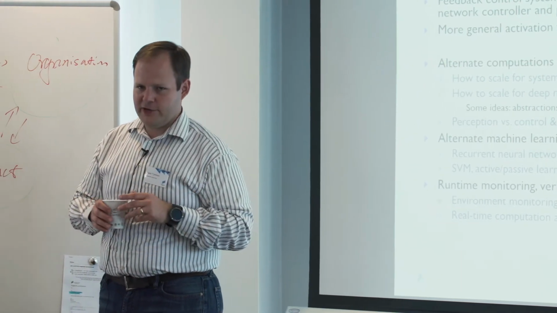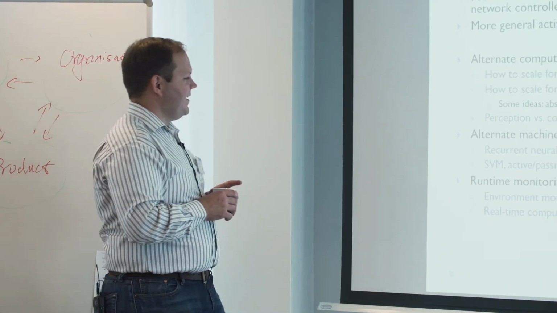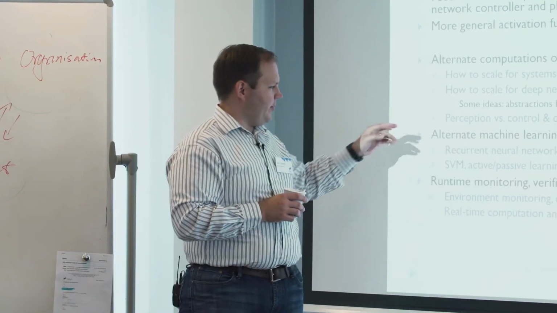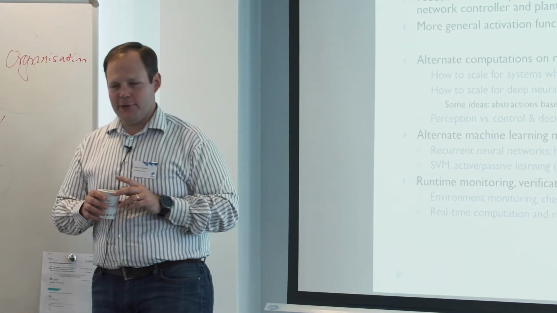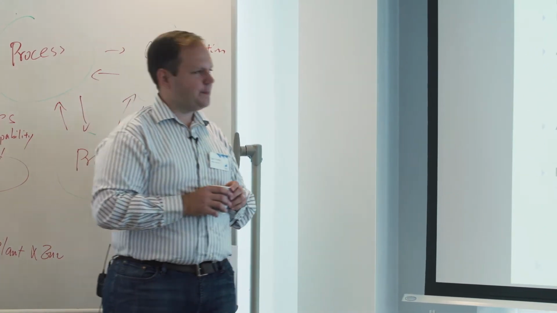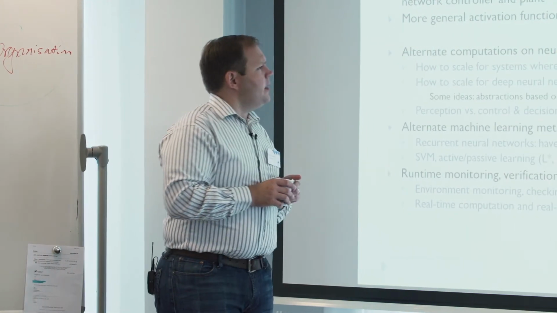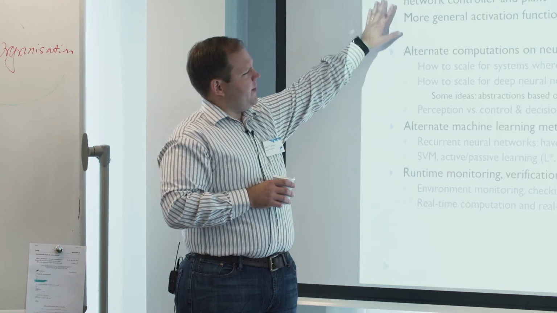Obviously, another big application is perception, but I personally think within the community, we just have no idea how to do anything for perception at this point. I don't think anyone does. So that's a good challenge. So we saw how to do that with feedback control systems.